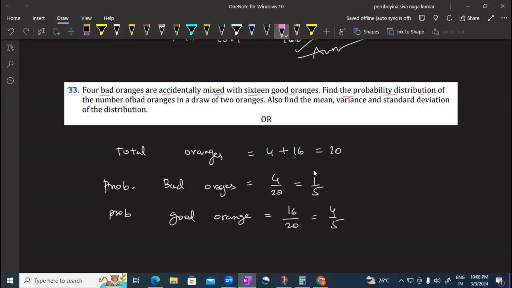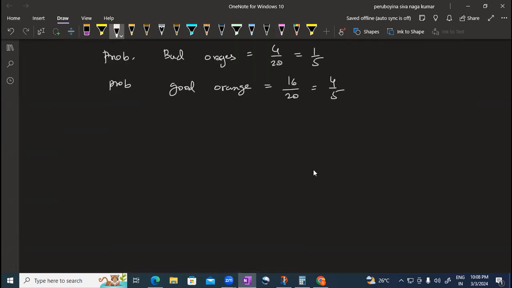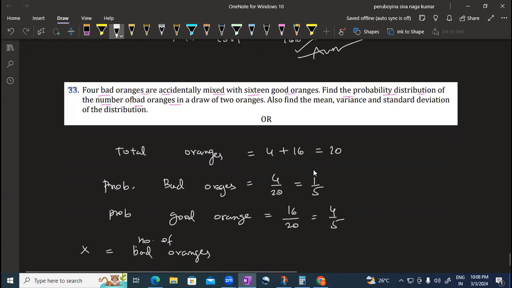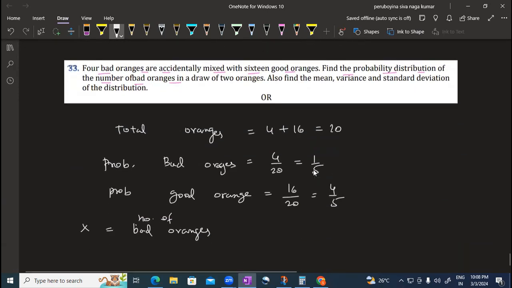Find the probability distribution of the number of bad oranges. So he's asking for the bad orange distribution. So write down: X will represent the number of bad oranges in a draw of 2 oranges.